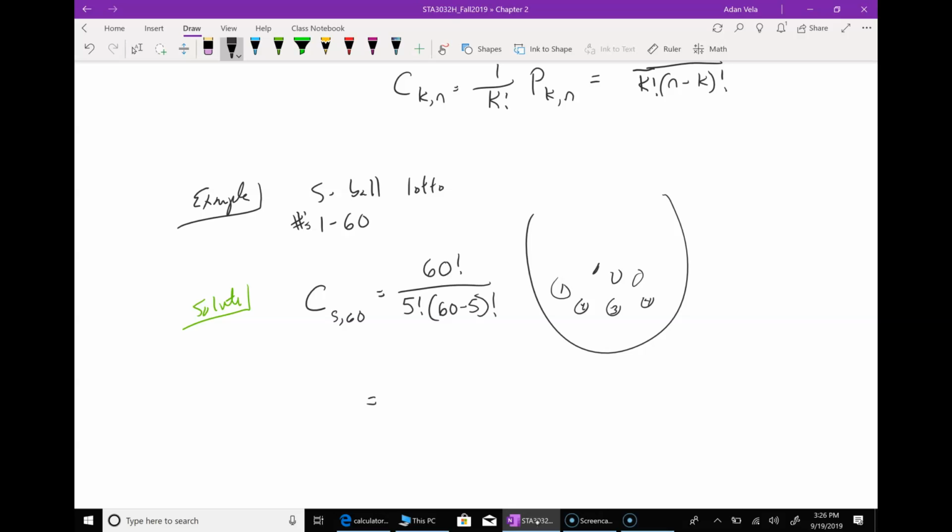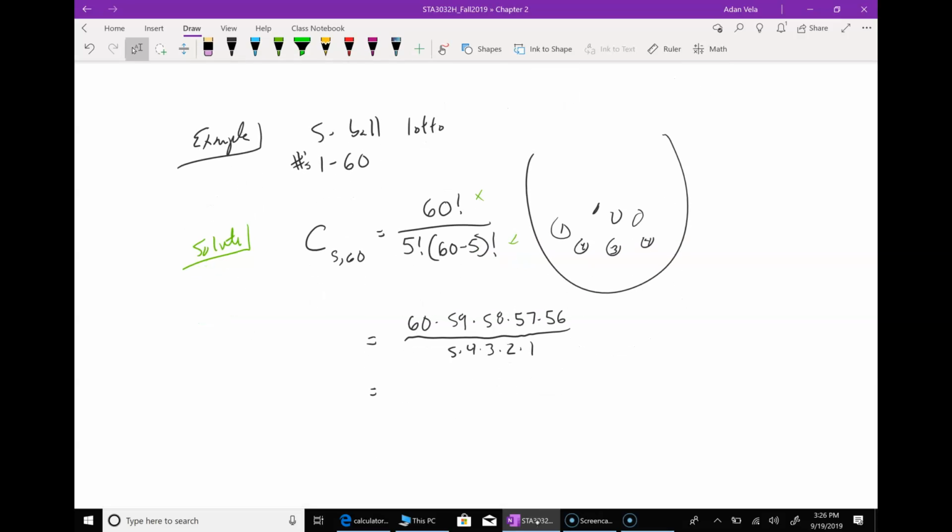If you make the cancellation in the factorial between the top and bottom, what you're left with is 60 times 59 times 58 times 57 times 56 all over 5 times 4 times 3 times 2 times 1.